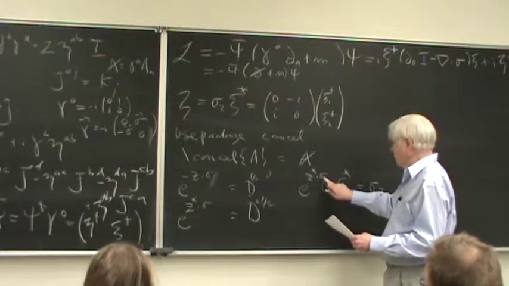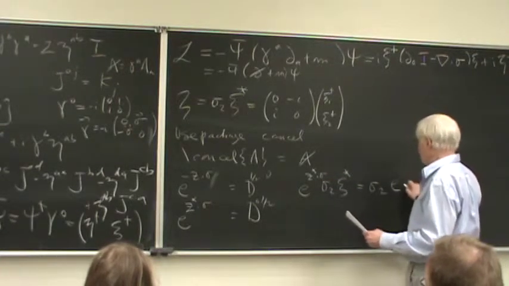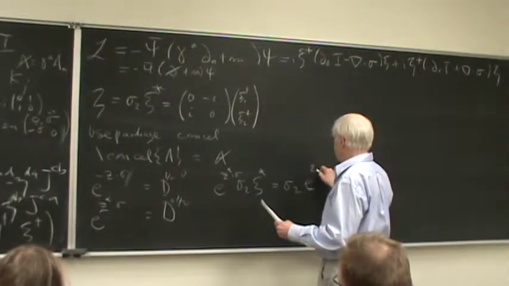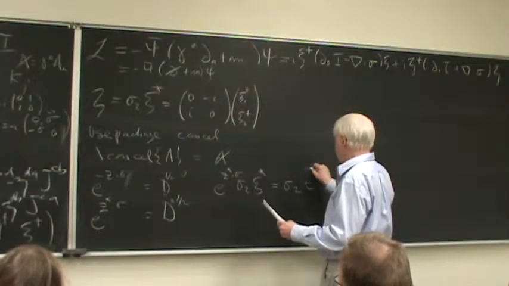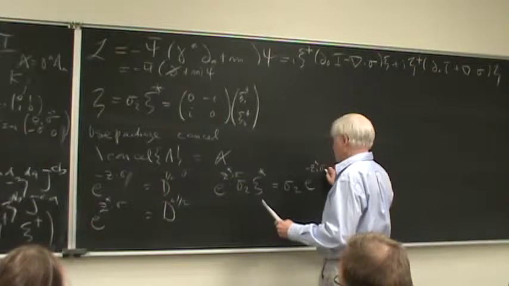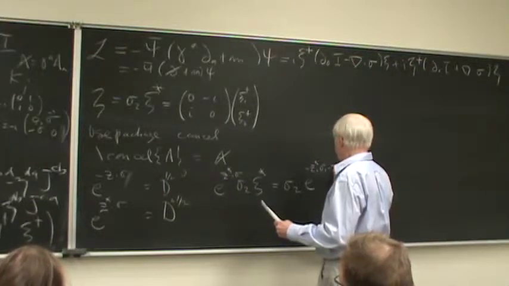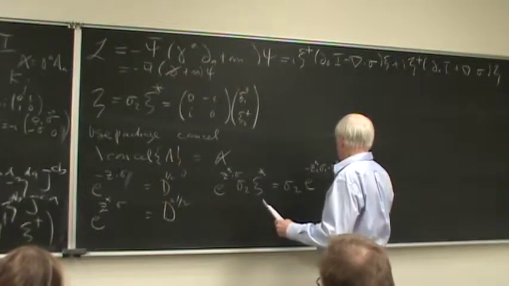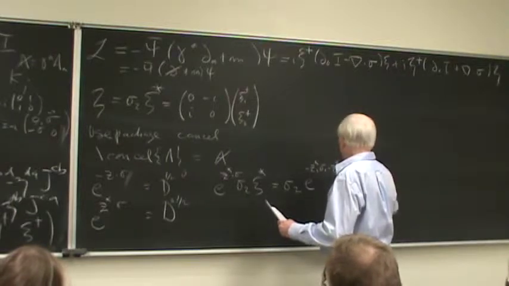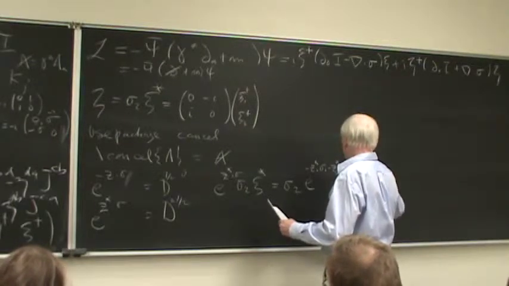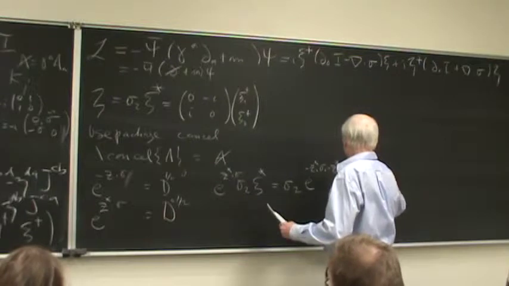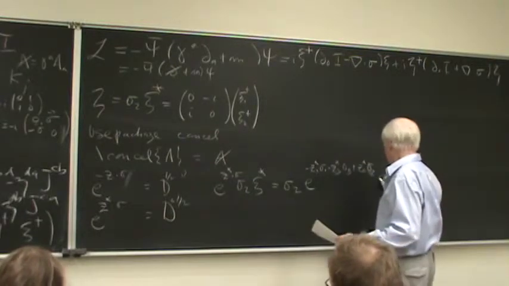The sigma 1 and the sigma 3 change. So you have e to the minus z1 star sigma 1 minus z3 star sigma 3 plus z2 star sigma 2 c star.